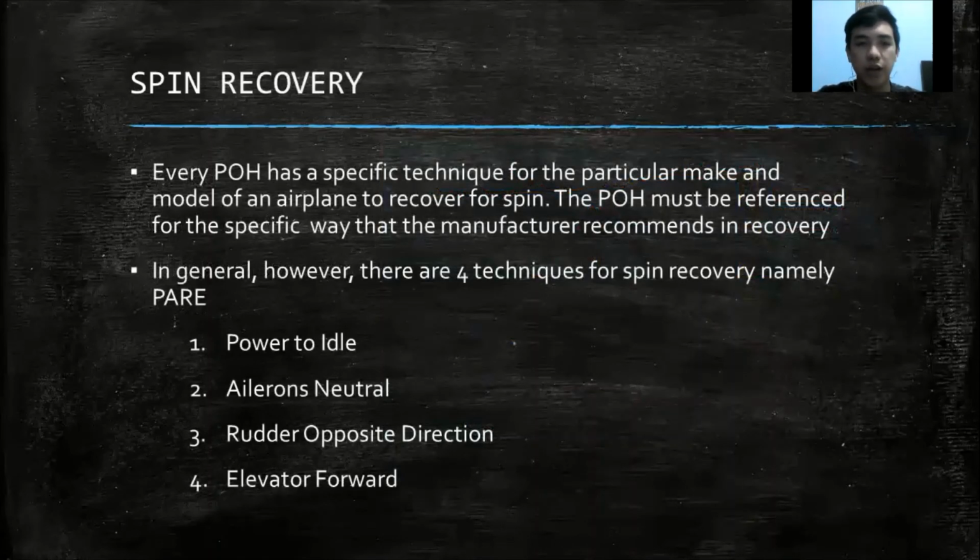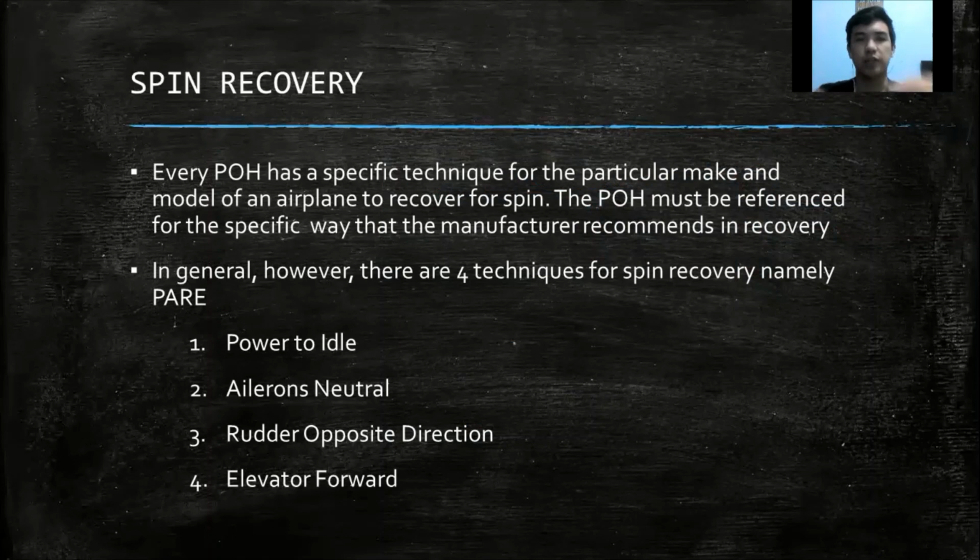Next is ailerons neutral. So bakit nga ba neutral? 'Di ba 'pag nagsi-spin tayo to the right, ang instinct natin mag-yoke tayo to the left. Ang mangyayari kasi 'di ba 'pag nag-yoke tayo to the left, the right aileron would go down, the left aileron would go up. Ang mangyayari, papa-increase natin yung angle of attack para mag-stabilize.